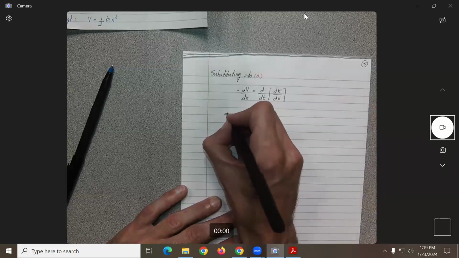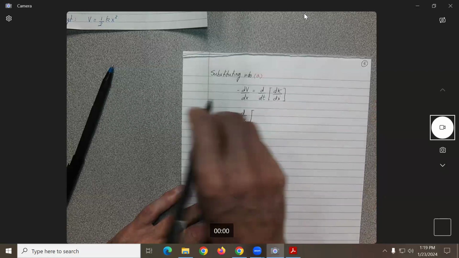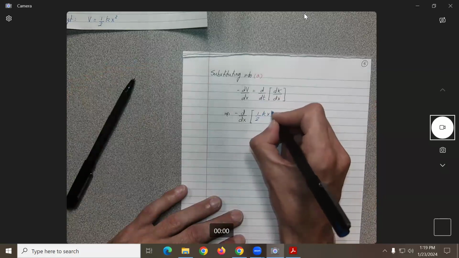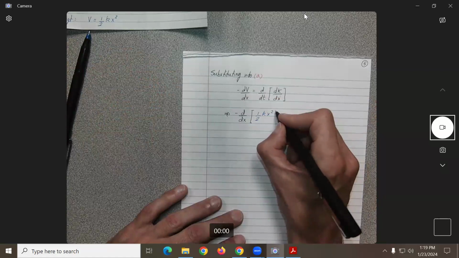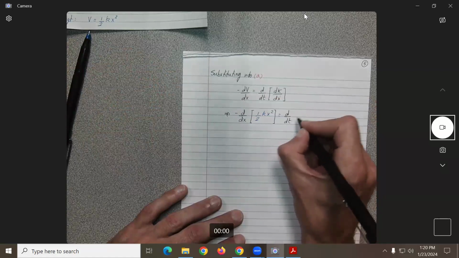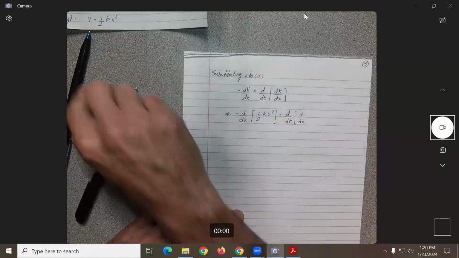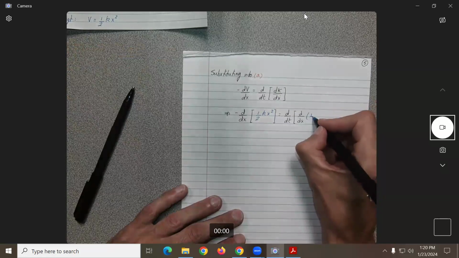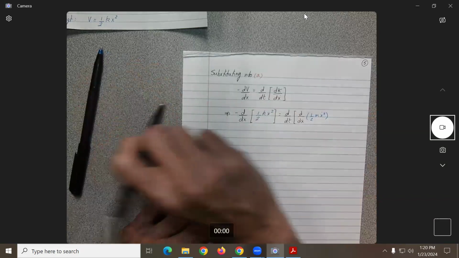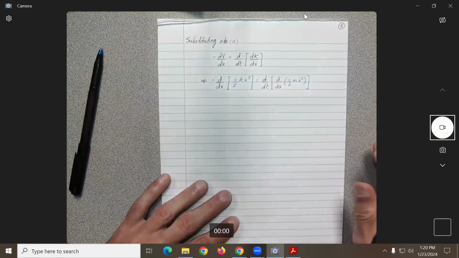So if we substitute, what are we going to get? Minus d/dx of one half kx squared equals d/dt of d/dx dot of one half m x dot squared.